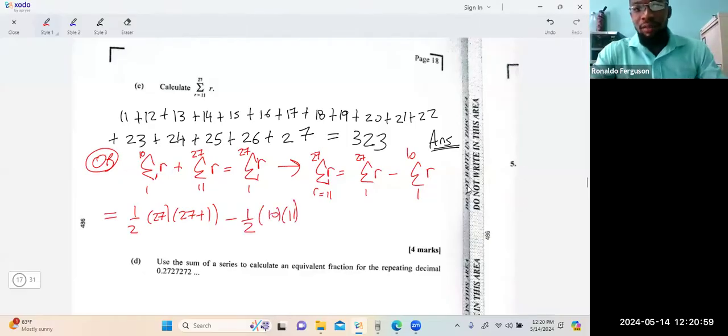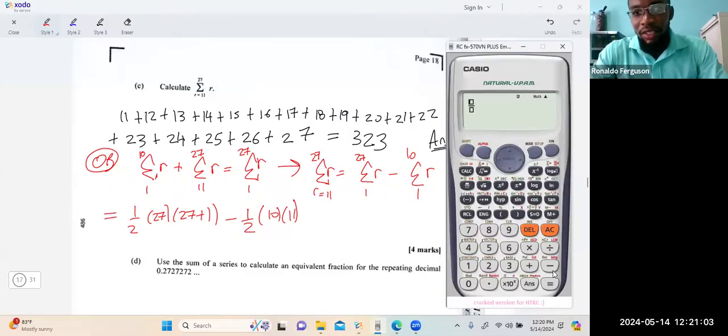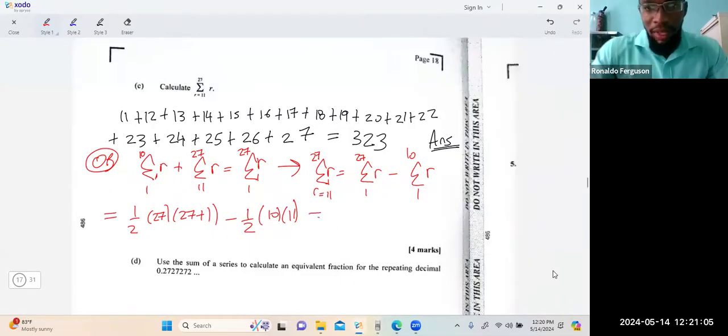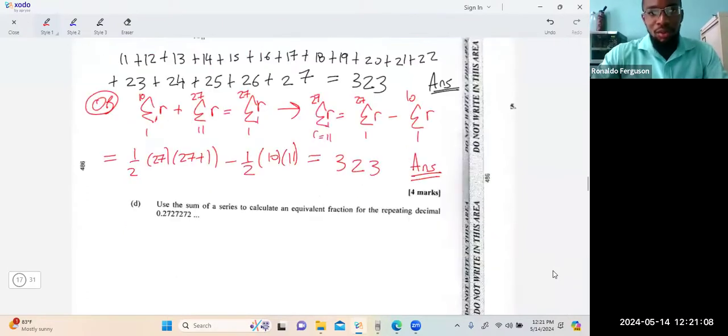Punch that in the calculator and I get the same 323. So it depends on how you want to do it, either method 1 or method 2.